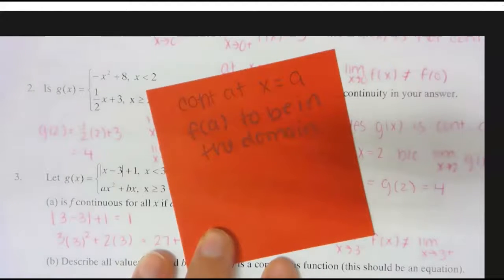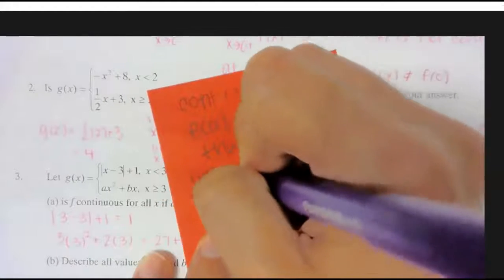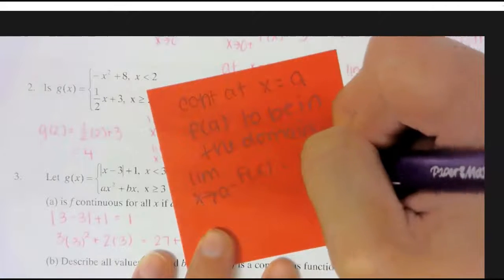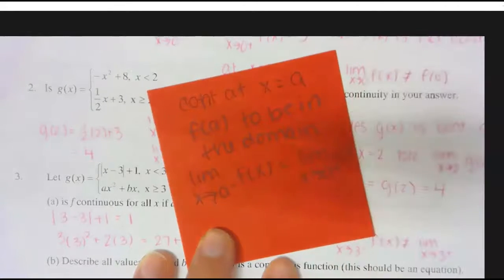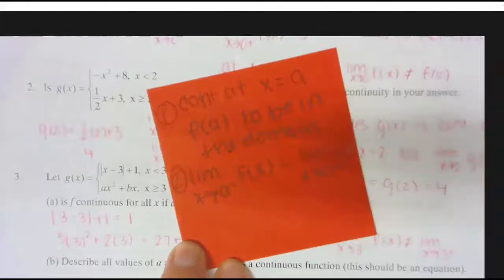The next thing that needs to hold true is that the limit as x approaches a from the left has to equal the limit as x approaches a from the right. So the left-hand limit has to equal the right-hand limit. So 1, f of a has to be in the domain. 2, the left-hand limit has to equal the right-hand limit.